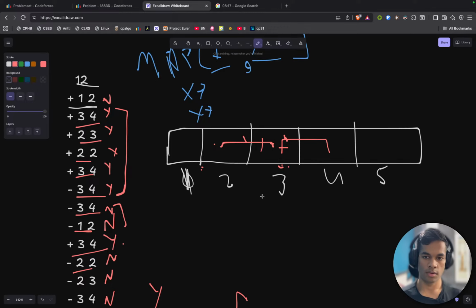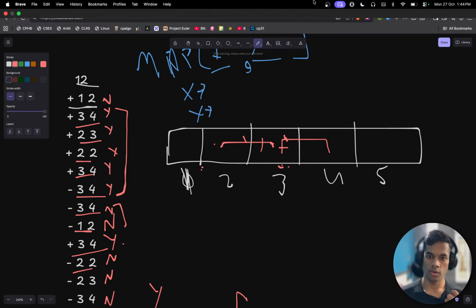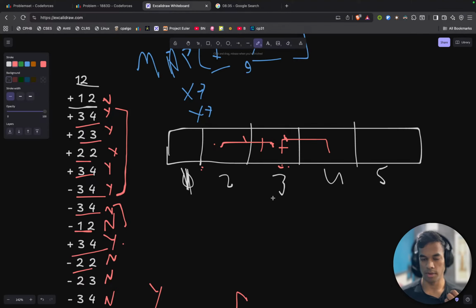All we need to know is if two things are not overlapping. That is all we need to figure out. Two things must not overlap.